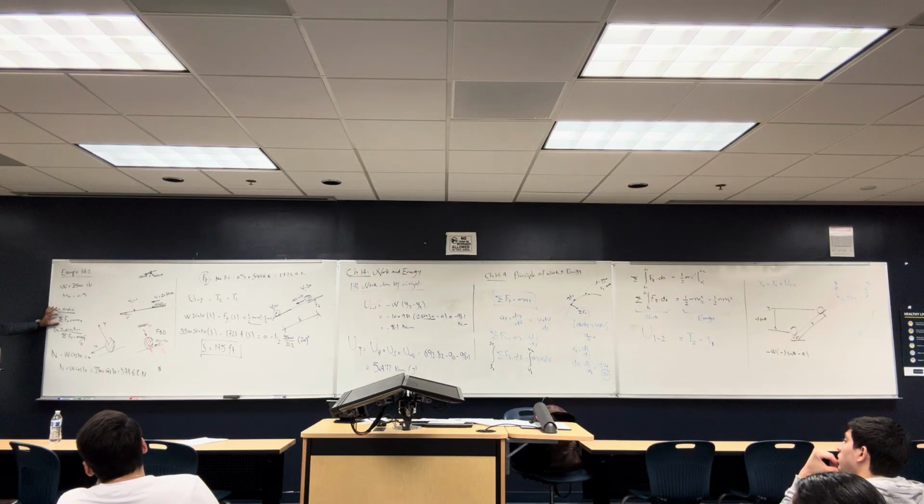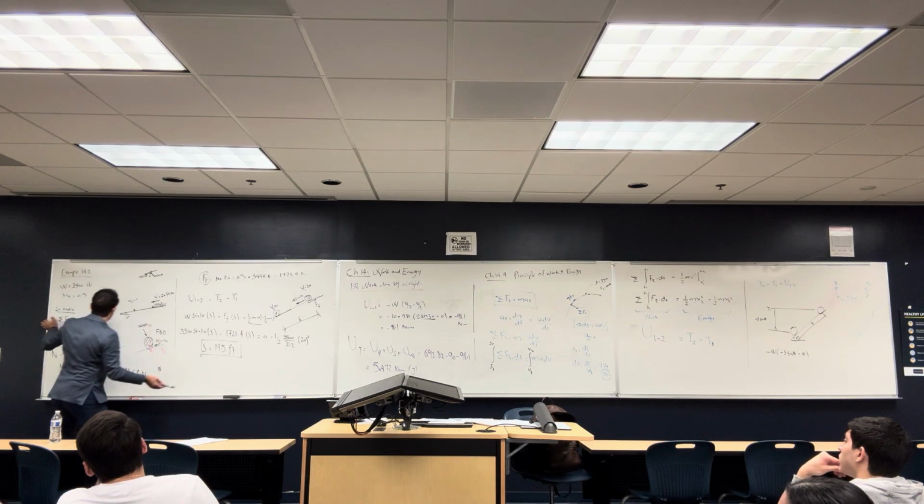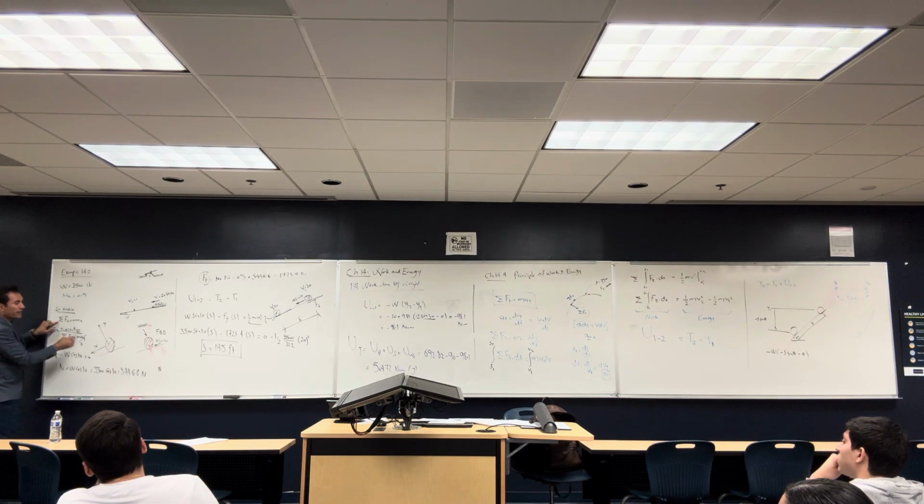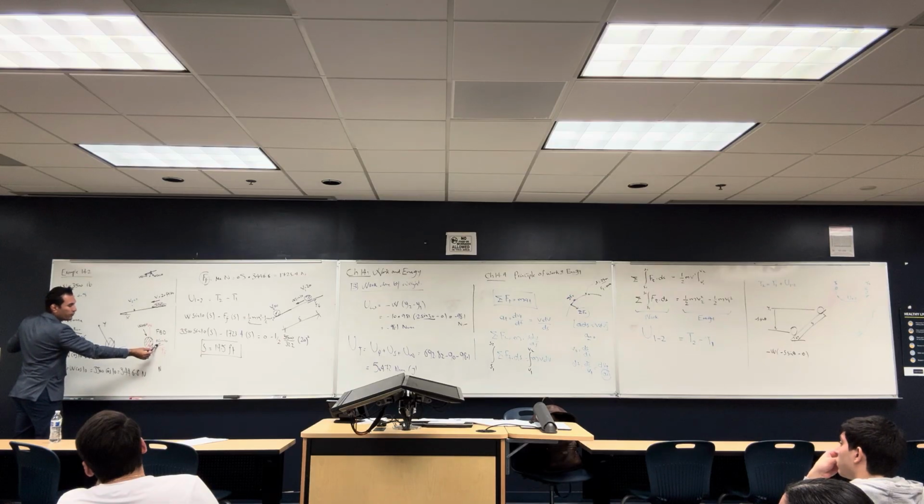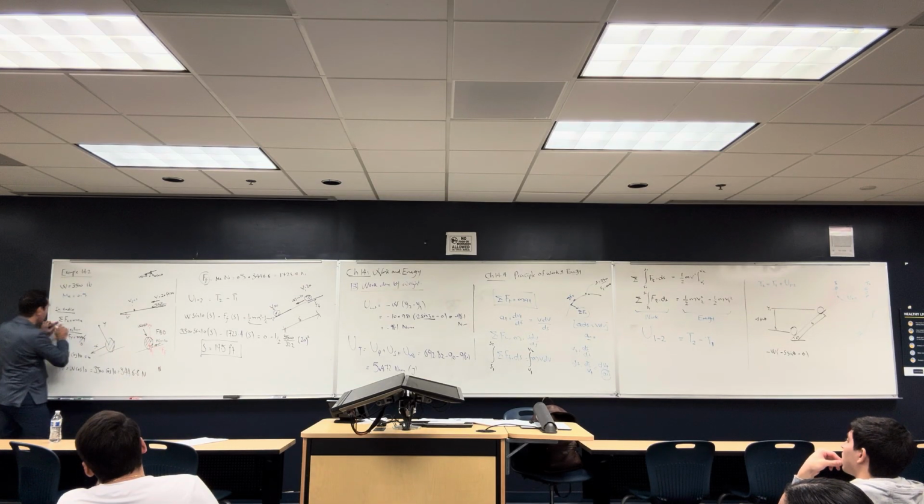So if you solved this using Newtonian kinetics, you also can get this. Because if you put all the forces in the x direction, you will find that you only have W and the friction in the x direction. You can put both of them here, and this is equal to m multiplied by ax.